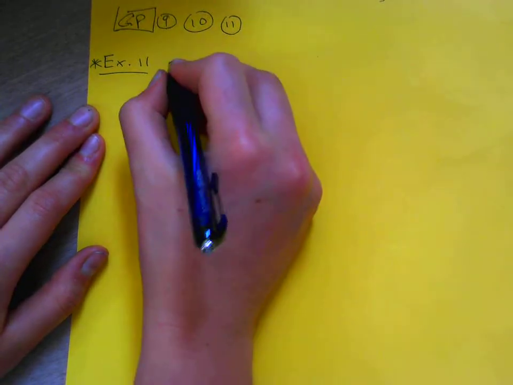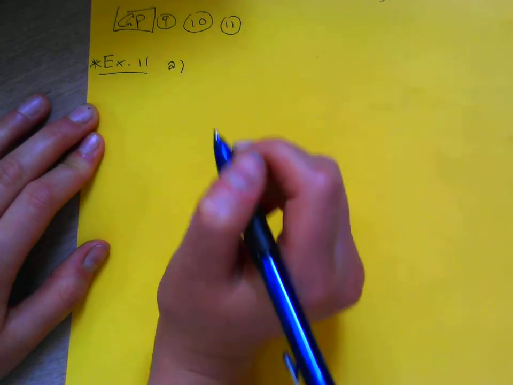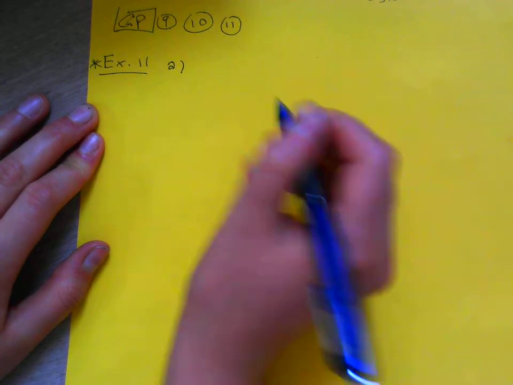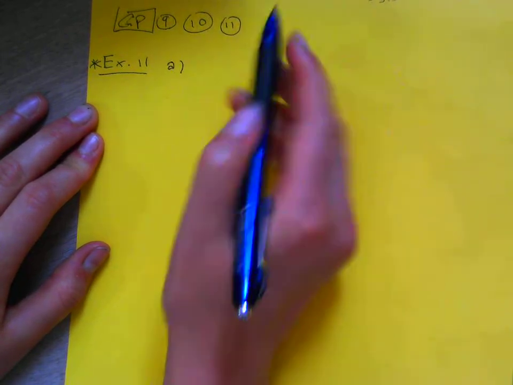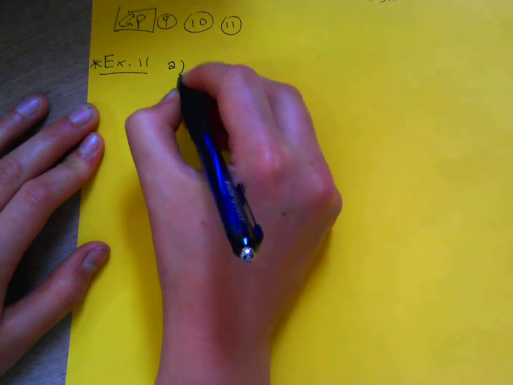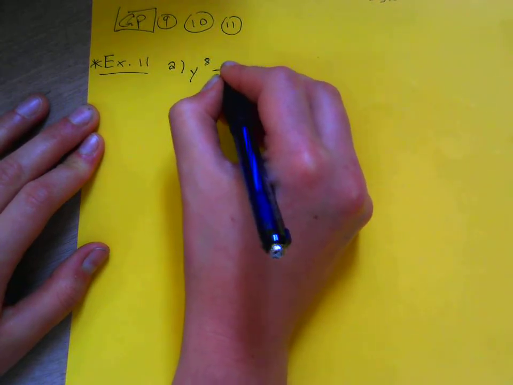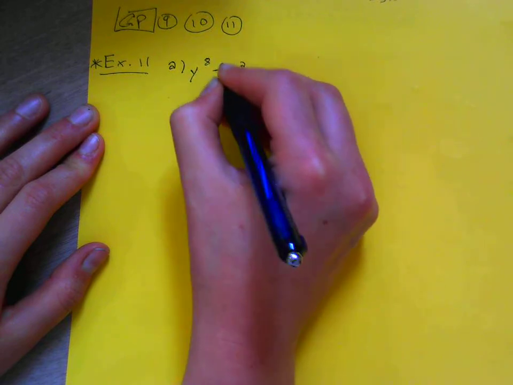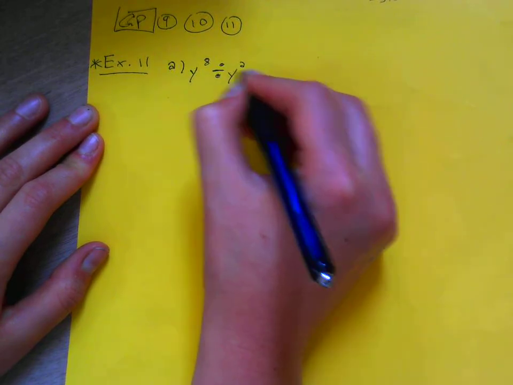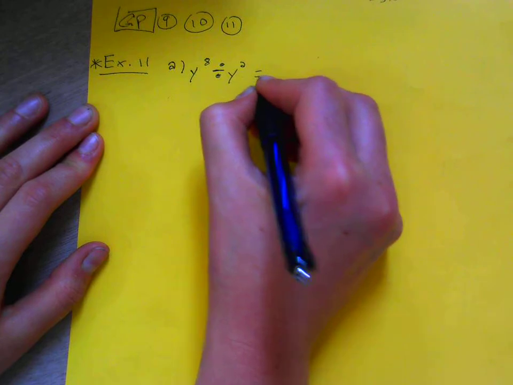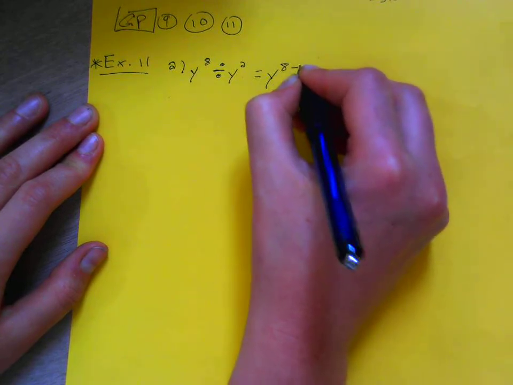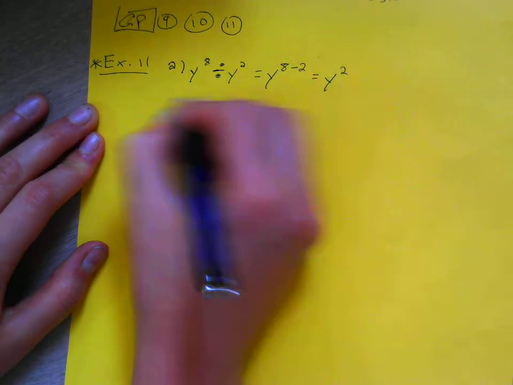Almost done. Last example of the day. Let's do A. We are going to be using the quotient property to divide algebraic expressions. Up here you saw numbers. Down here we're going to be seeing letters. It works exactly the same way as long as the letter is the same. y to the 8th divided by y squared equals y to the 8 minus 2 equals y to the 6th.